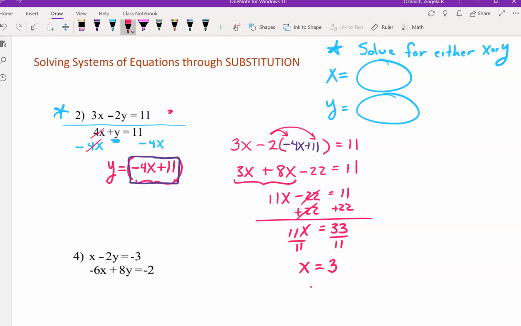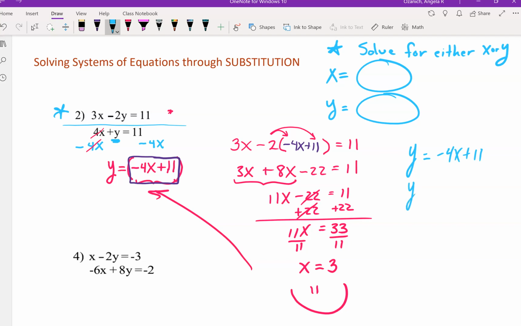Now, as happy as we are that x is equal to 3 and we think we're done, we're not quite done. We have to still figure out what the y value is equal to. So, last step. Here we go. Y is going to be equal to negative 4x plus 11, right?